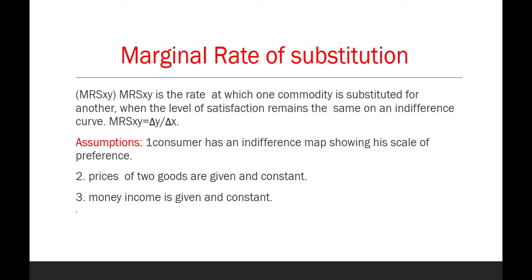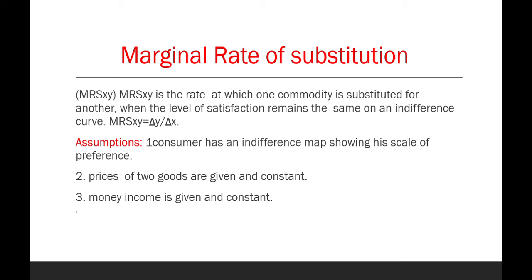Like that, he is going on substituting, adding one more apple and reducing the oranges, till he gets the same satisfaction from both. So MRS xy is equal to delta y by delta x, and MRS shows the diminishing rate, that is, going on substituting y for x.